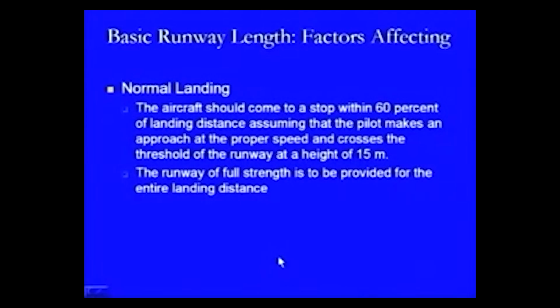Now, in the case of the normal landing condition, the aircraft should come to a stop within 60% of the landing distance, assuming that the pilot makes an approach at the proper speed and crosses the threshold of the runway at a height of 15 meters. So, the assumption being made is that the pilot knows what to do, and what the pilot is supposed to do is cross the threshold of the runway, that is the end of the runway, at a height of 15 meters.